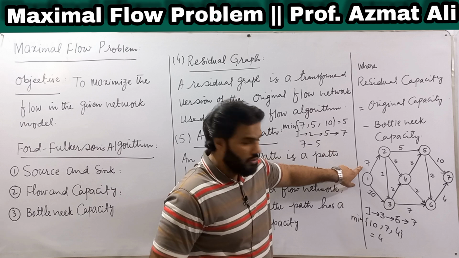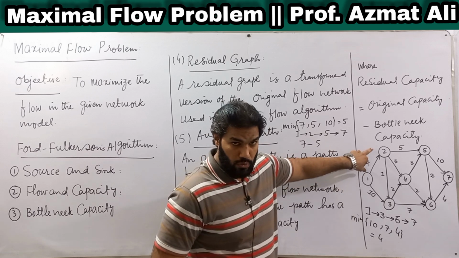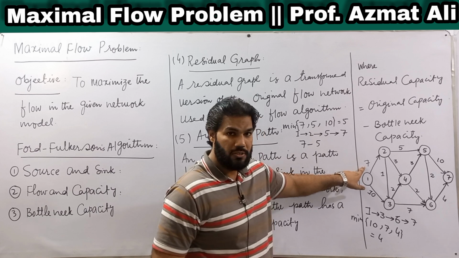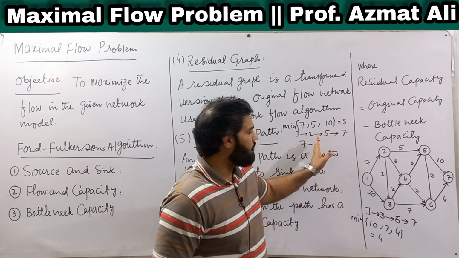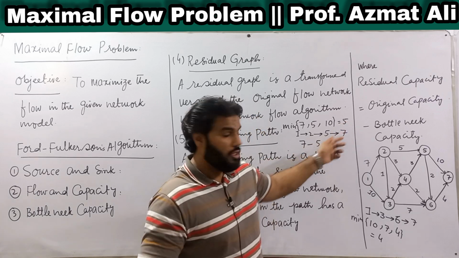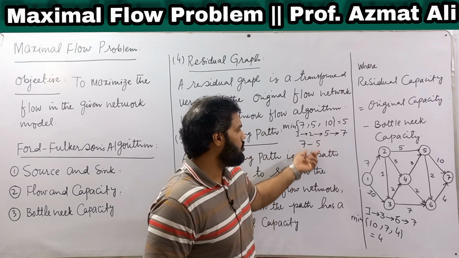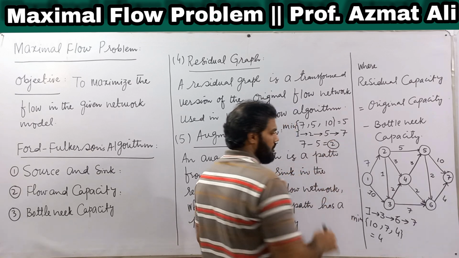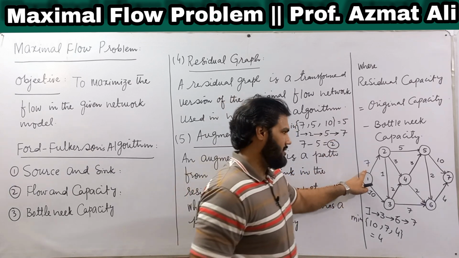The capacity of the edge from node 1 to node 2 is 7 units, whereas the bottleneck capacity of this path is 5 units. So the difference, that is 7 minus 5, will become 2. So 2 shows the residual capacity of this edge.